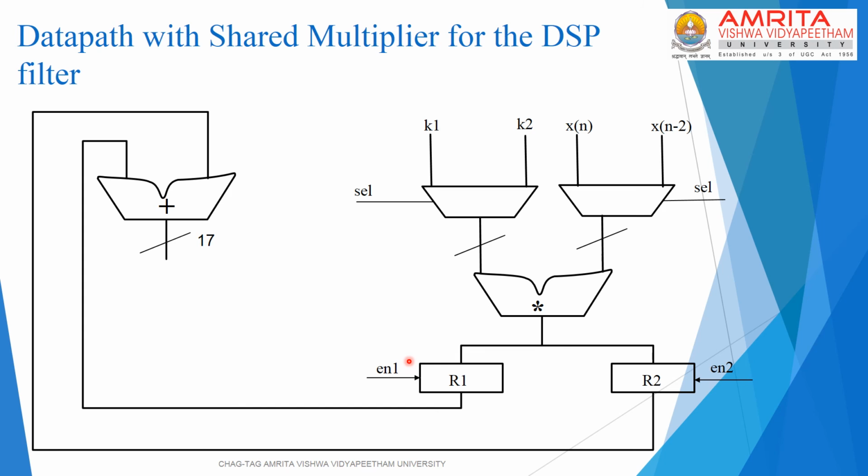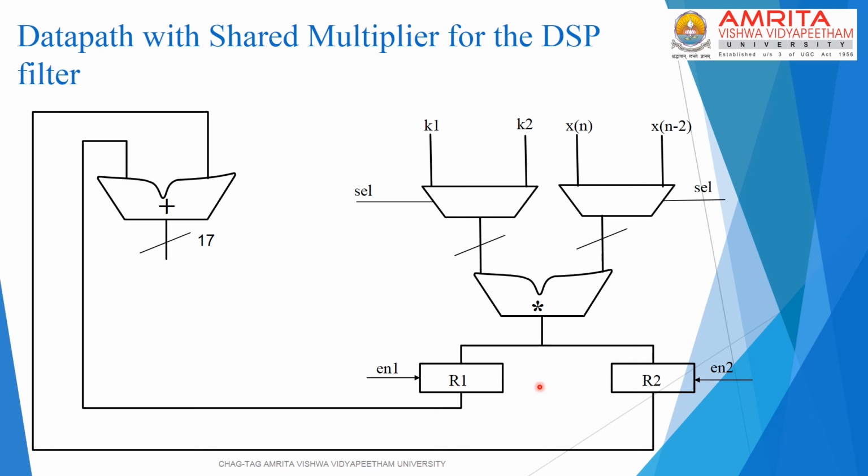In the next cycle, the select line becomes 1 because the second multiplication has to be performed. The enable for the first register is deasserted because we have to retain the result of the first multiplication, which is now stored in the register.